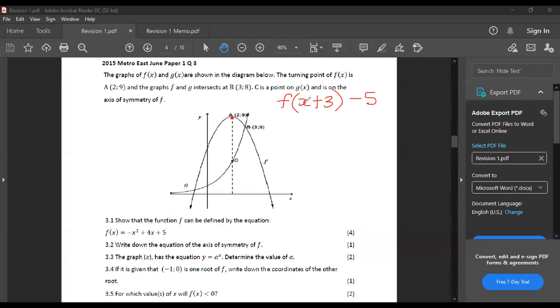If the coordinates here are 2 and 9, that means you say 2 minus 3, then 9 minus 5. Note, this minus 5 is the same sign, but the 3 was positive. It has to be negative because, remember, the movement is the other side.